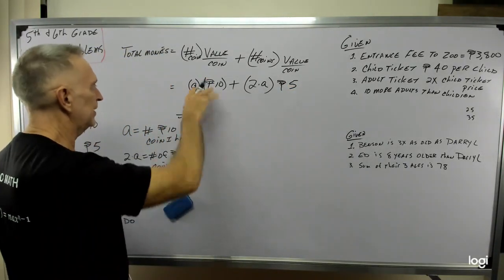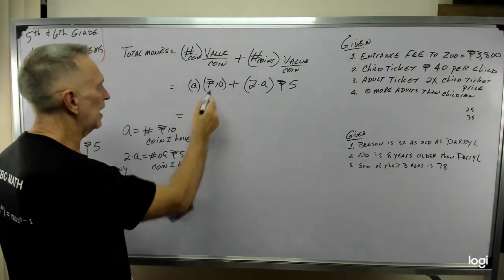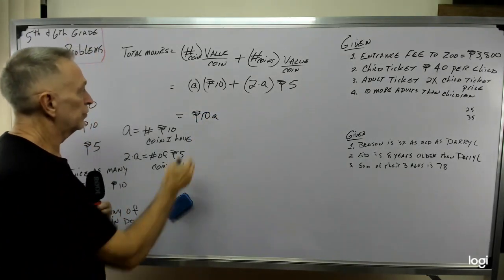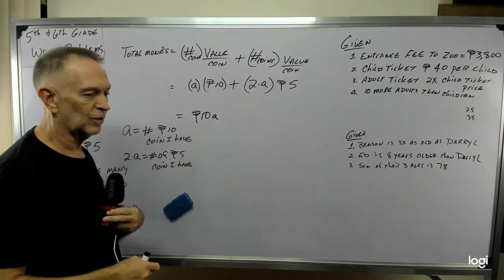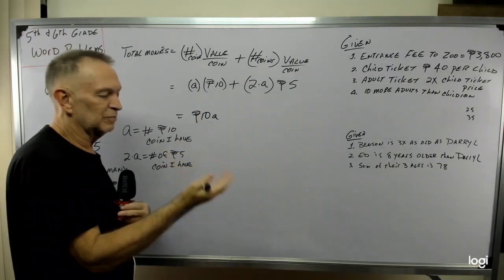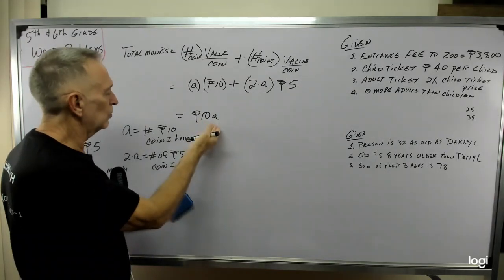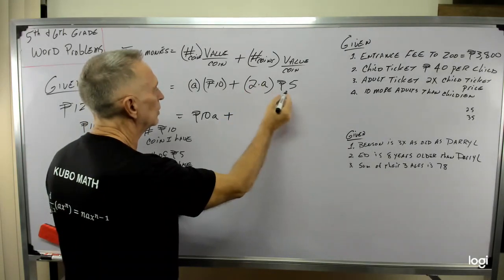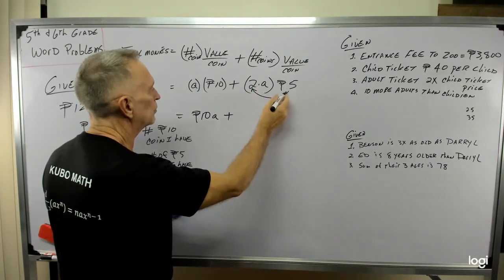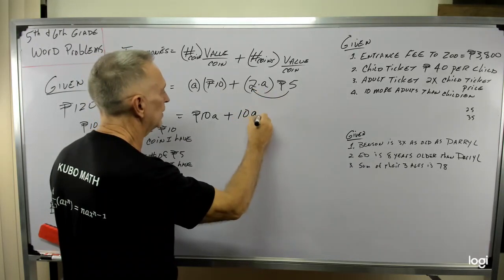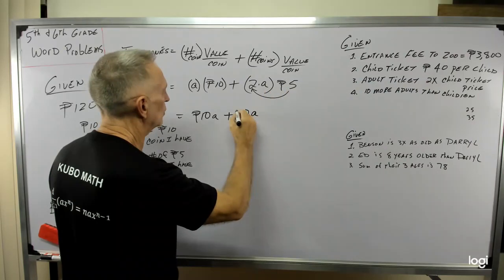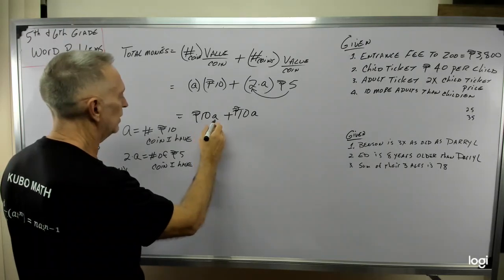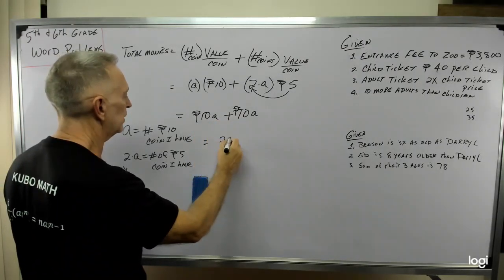So I'm going to flip these back around. 10 times A gives me 10A. If somebody said, I have 10 basketballs, 10 times basketballs is 10 basketballs. So that's really what we're saying here, except it's coins. 10A plus 2 times 5 is 10 times A is 10A, and this is also pesos. So now I have 10A plus 10A gives me 20A.